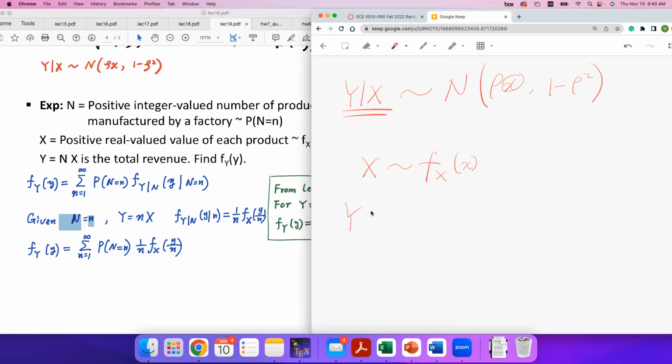To make it more explicit, y given n, condition on this case, this random variable y is basically nx. Therefore, the conditional PDF is basically the PDF of this random variable.